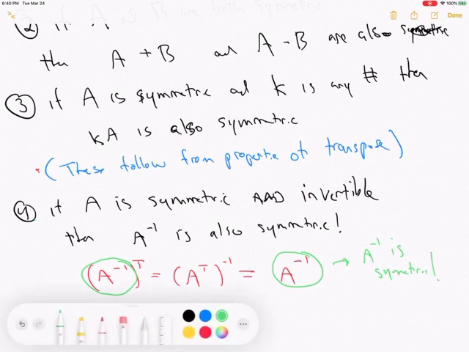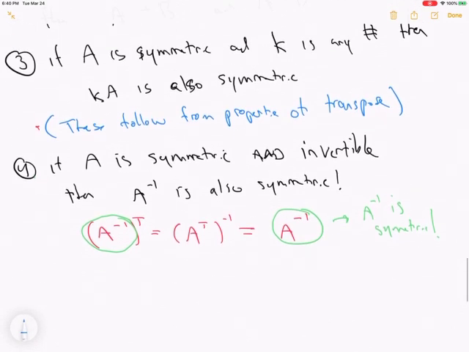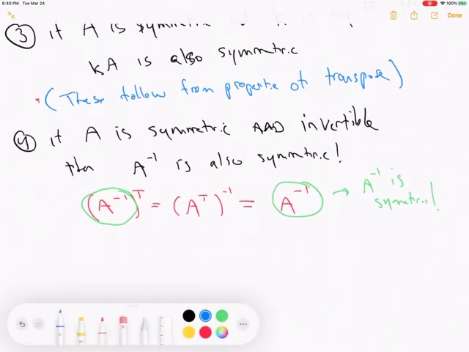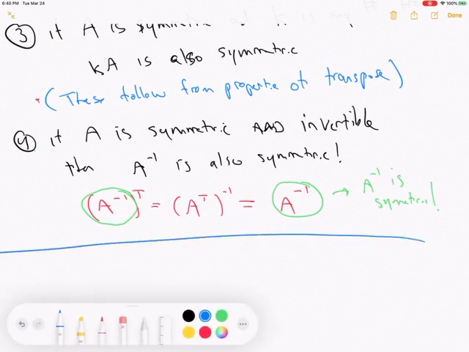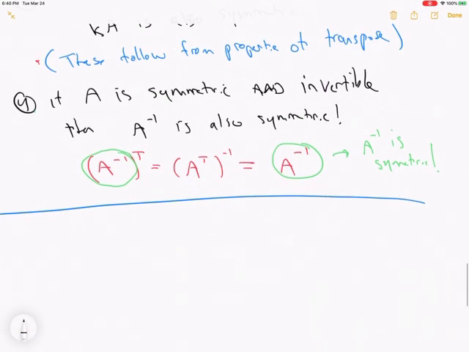There's a way you can get a symmetric matrix from any matrix. There's this cool little construction you can do.